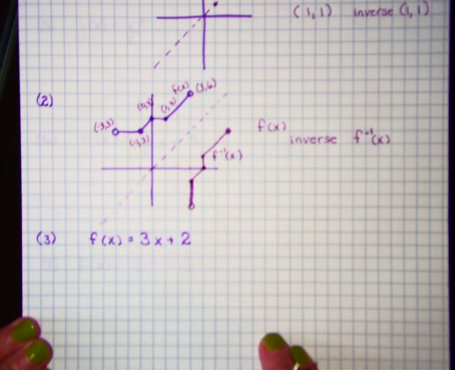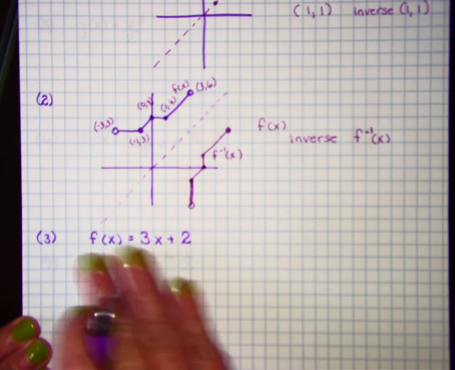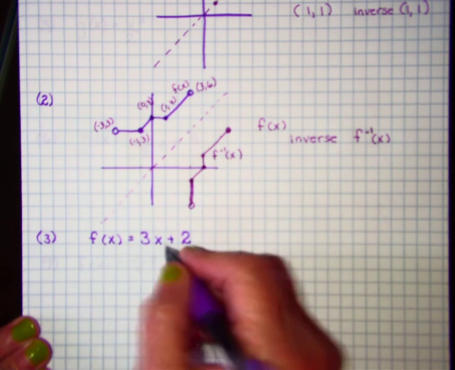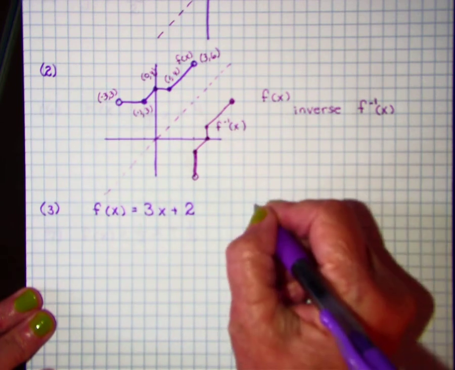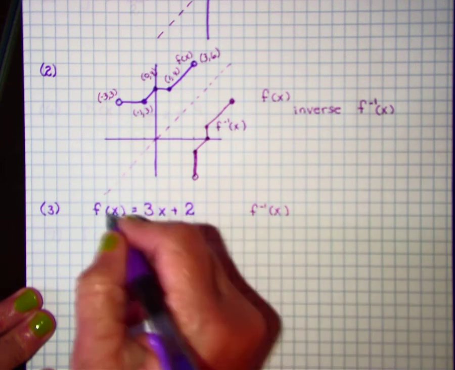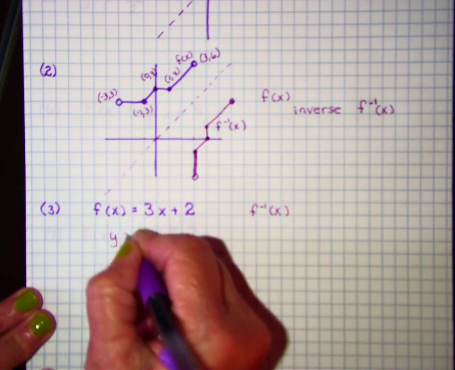Now, graphs are one thing. The problem is most of our equations are not written as a graph. So if we have f of x equals 3x plus 2, if we want to find f inverse of x, I'll take this equation and change f of x to y.